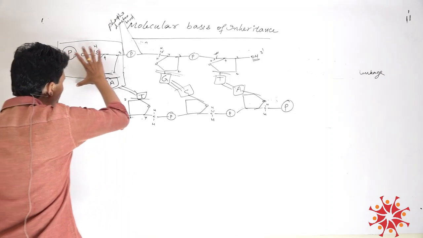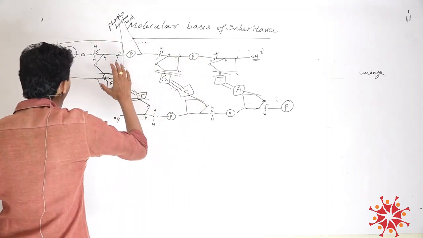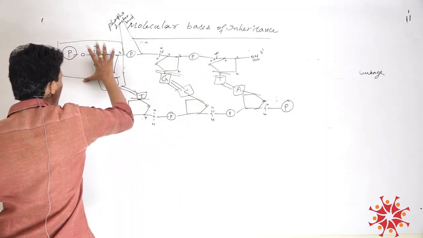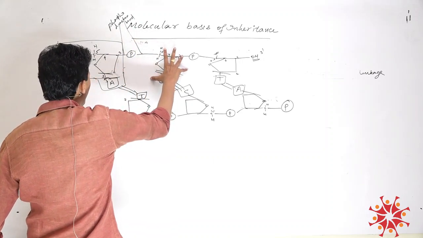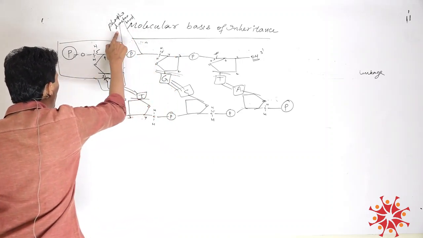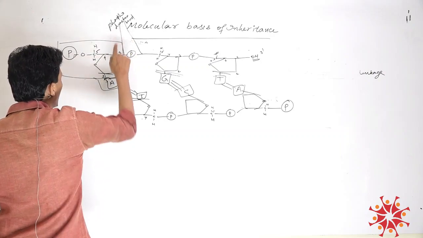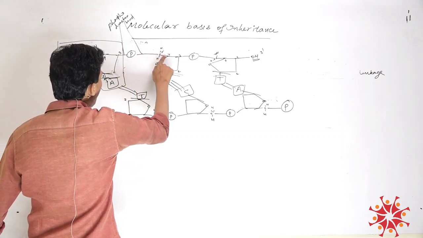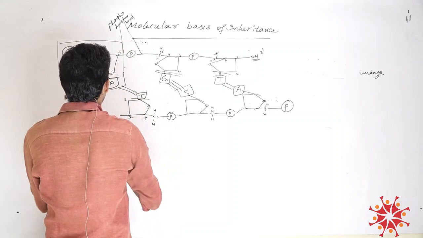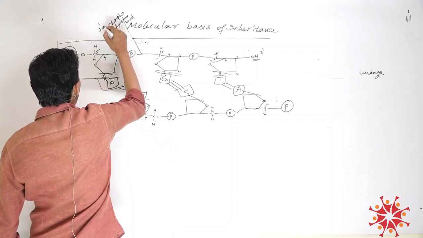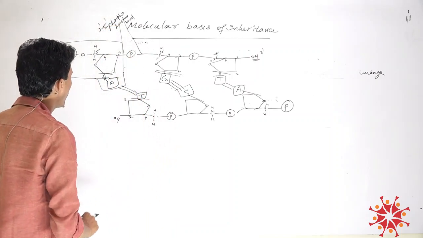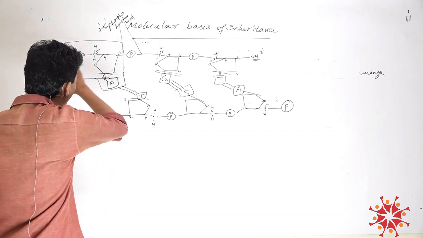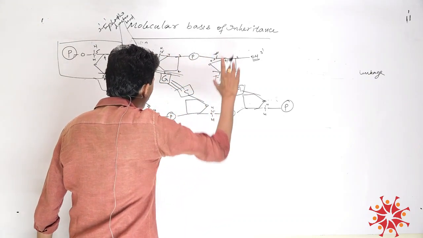So in a polynucleotide chain, one nucleotide is attached to another by this bond called phosphodiester bond. This bond is called 3-5 phosphodiester bond.